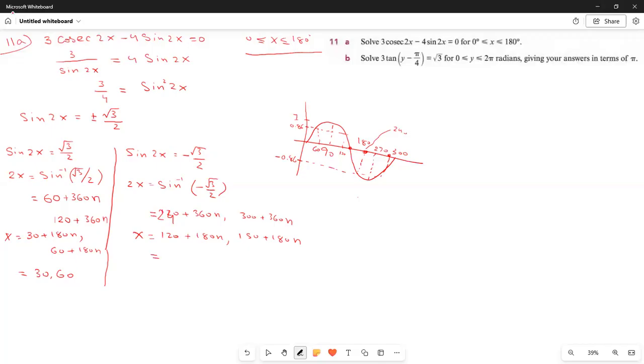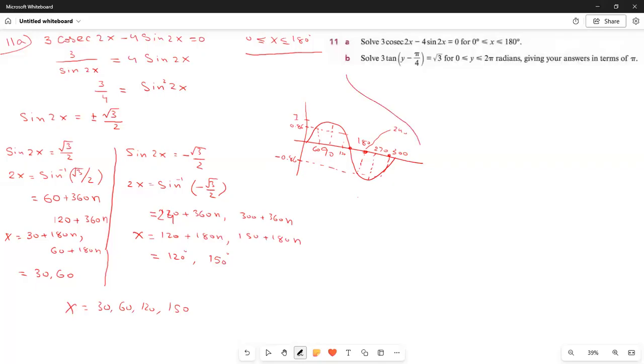So this is going to be 120 degrees and 150 degrees. So my four solutions are x equals 30, 60, 120 or 150. So this was part A.